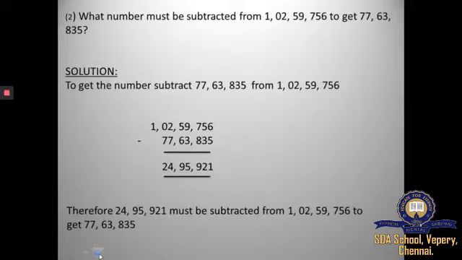Therefore, 24,95,921 must be subtracted from 1 crore 2 lakh 59,756 to get 77 lakh 63,835.